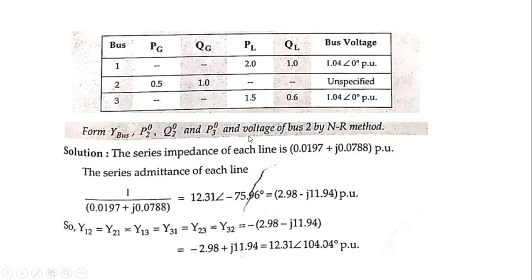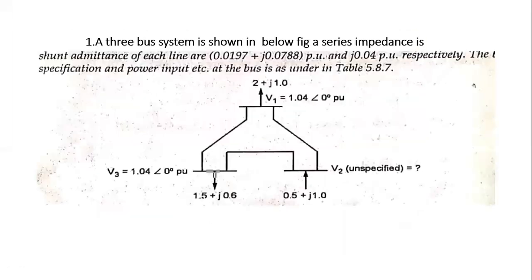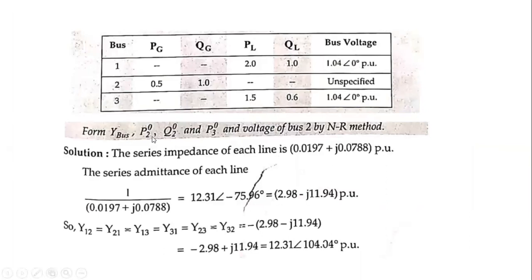We form the Y bus matrix, and also determine P2 naught, Q2 naught, P3 naught, Q3 naught and the voltage at bus 2. Then we find the voltages of the unspecified terms by the Newton-Raphson method. This is the given problem. First we form the Y bus matrix, and these are the terms to be determined.